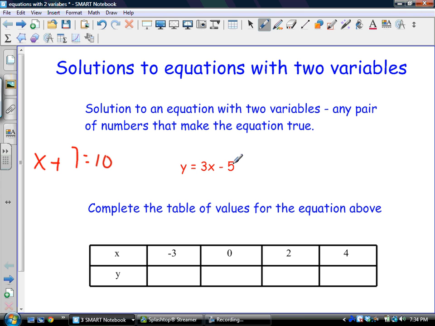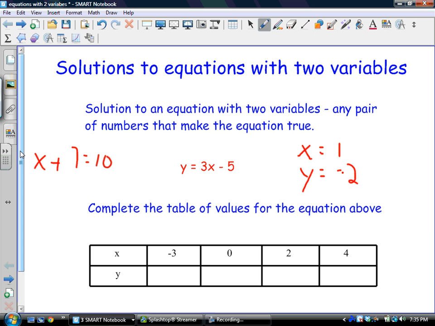Minus 5 is negative 2. So x being 1 and y being negative 2 is a solution to this. But it's not the only one. We could put literally any number we want in for x, figure out what y is, and those two together would be a solution. So there is an infinite number of solutions.